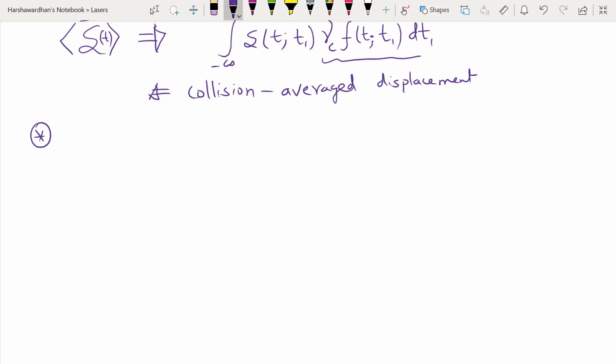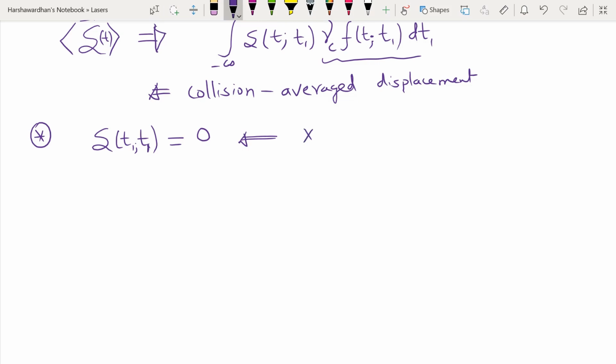Important point to recall is that my complex displacement S at t equal to t1, which is my initial instant where the collision happened, is equal to 0. So essentially what I'm saying is that my S at time t equal to 0 in equation 3 was basically 0. Why? Because this is where the physical input comes in.